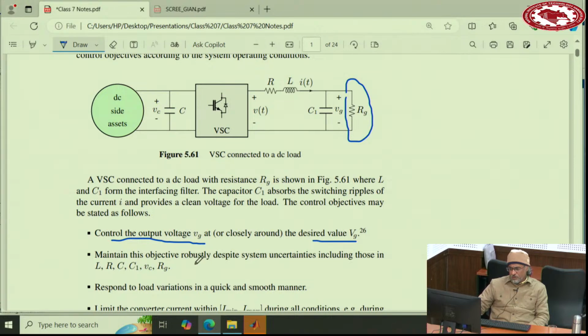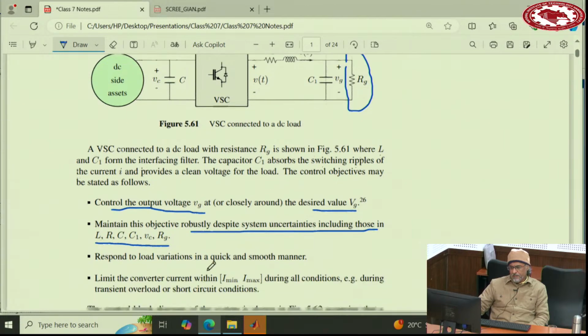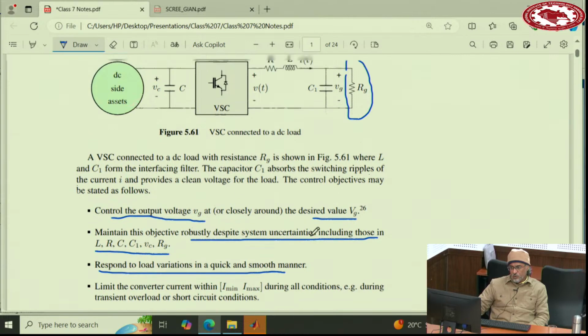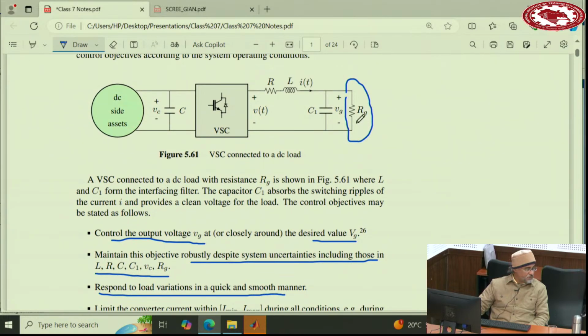And obviously always in the feedback control, this is one of our main objectives. We would like to attain this objective robustly with respect to all parameters that you can imagine in this system. In this system, these are all the parameters that you can imagine. And in terms of disturbances, you can look at, for instance, when load suddenly changes, that is a disturbance.